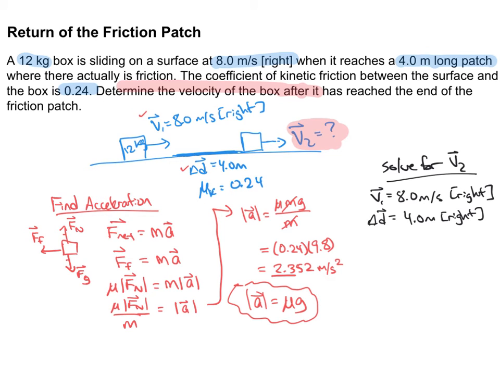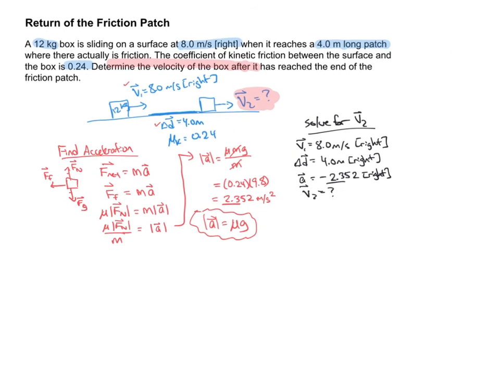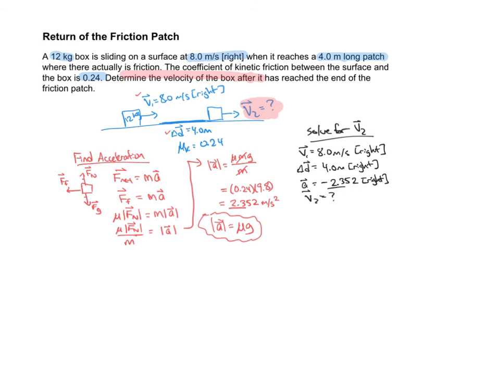Now this acceleration I said is to the left. So I'm actually going to write this as negative to the right, because then I'll have all of my given variables being in terms of to the right. So the formula here will be the fifth of the big five formulas.